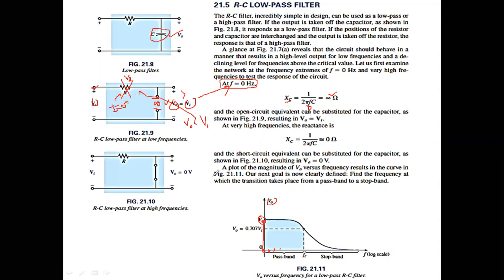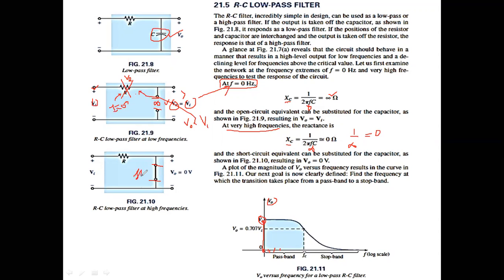Okay, now consider the higher frequency. At higher frequencies, for example f is infinity. So for f infinity, Xc will be equal to 0, because anything divided by infinity is equal to 0. This means at higher frequencies there is no drop across the capacitor, so the circuit will act as a short circuit.